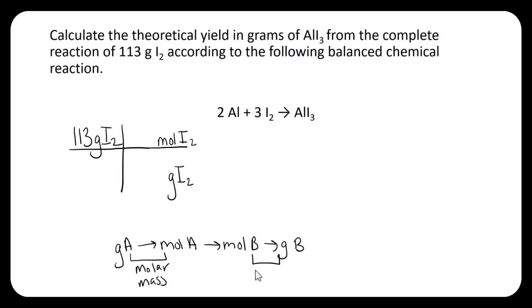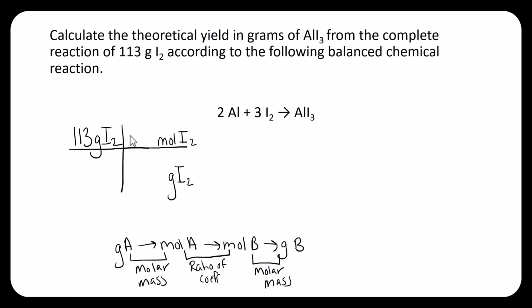Here we're using molar mass. And this was the new one from this chapter, where we use the ratio of coefficients from the equation. Okay, so right now we're going grams to moles.